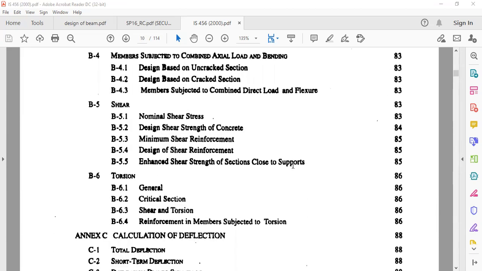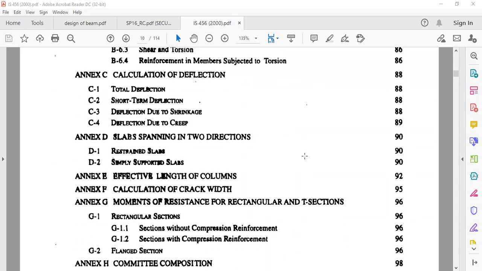And in that, what are the different parts related to it? Shear, torsion and all those things. Then calculation of deflection: if you want to specially calculate the deflection of some part, what are the different criteria related to it? It is there in these annexes.